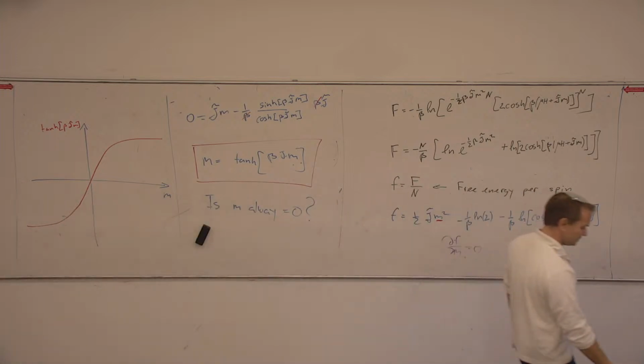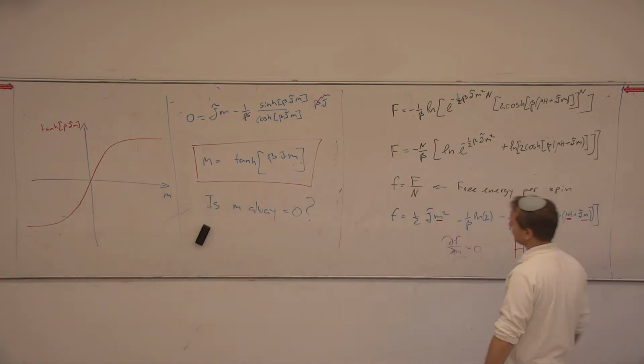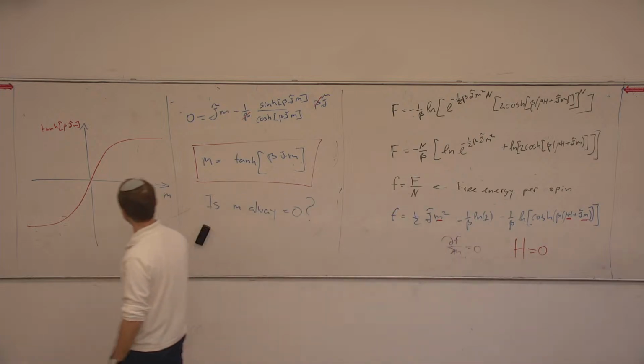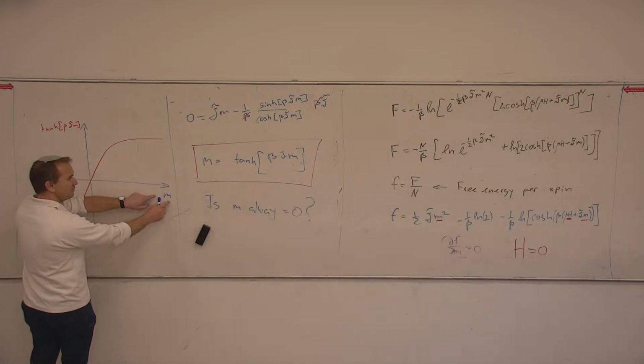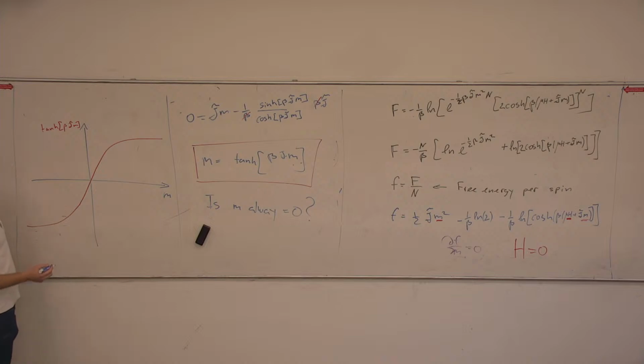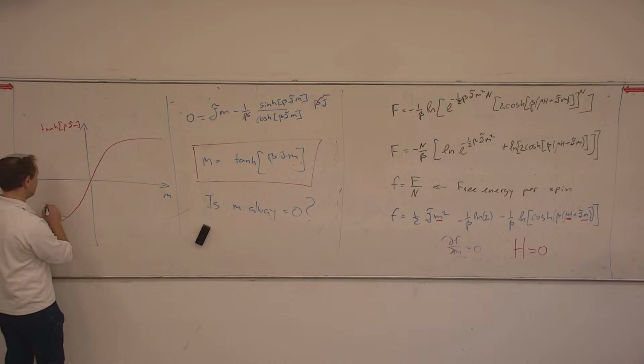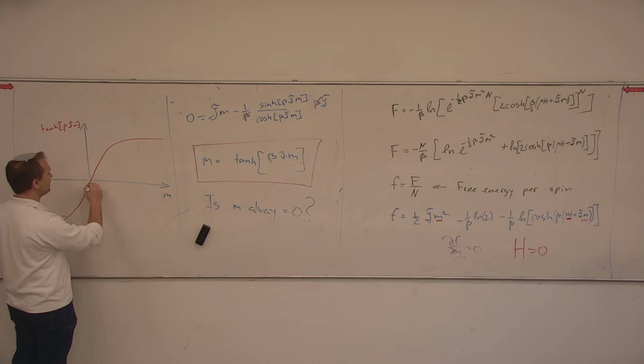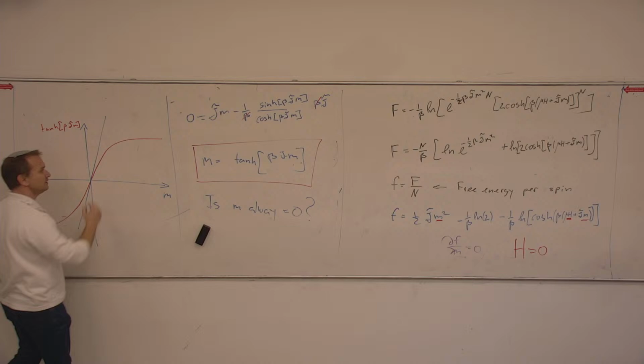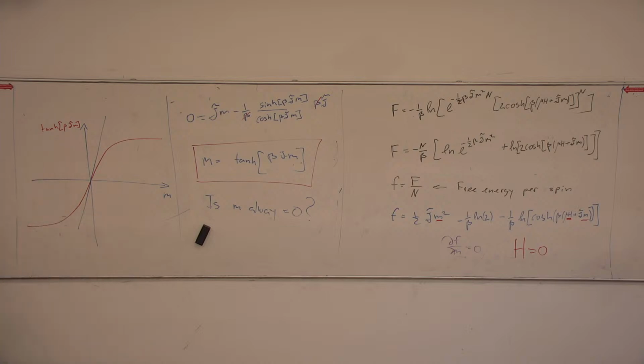Now, when we plot m, it's just a straight line. Now, this straight line can have the following features. This straight line can be something like this.